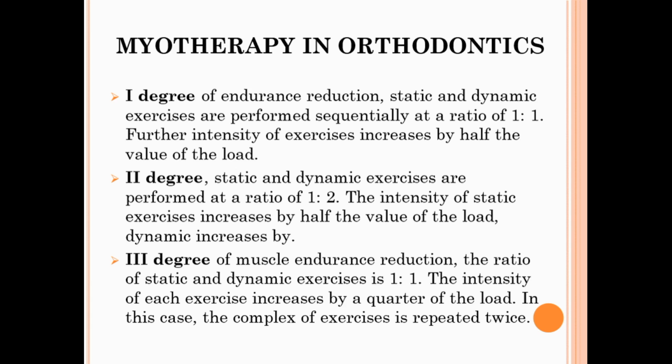Dynamic increases by a quarter. And third degree of muscle endurance reduction, the ratio of static and dynamic exercises is 1 to 1. The intensity of each exercise increases by a quarter of the load. In this case, the complex of exercises is repeated twice.